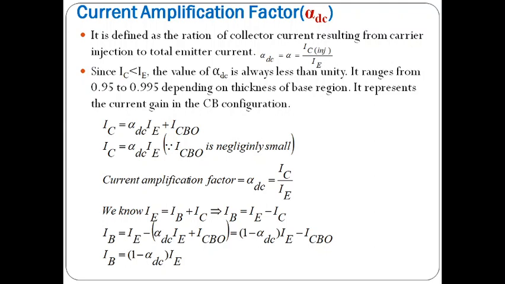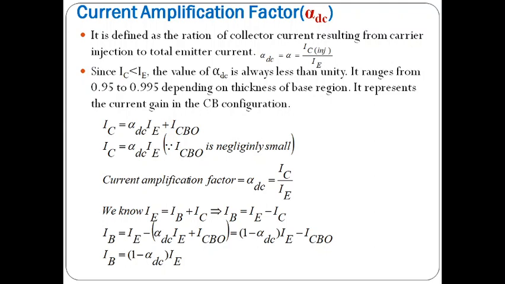So your IC is almost equal to IC due to the injected carriers. We know the total current in the transistor can be written as IE equals IB plus IC. So from that we can say this IE value is greater compared to IC. IC is small compared to IE.